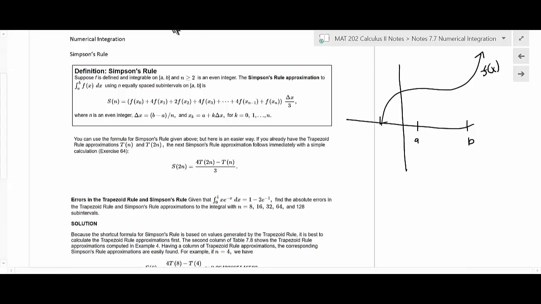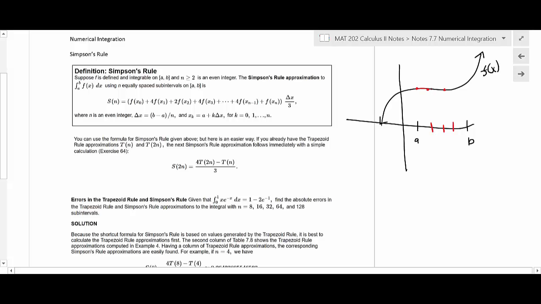Typically you can subdivide it into different units like that. If we did some subdivisions, from there to there, we would have a little piece of a parabola.